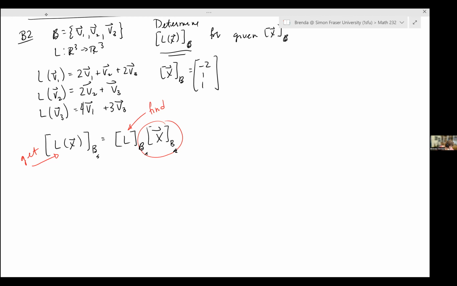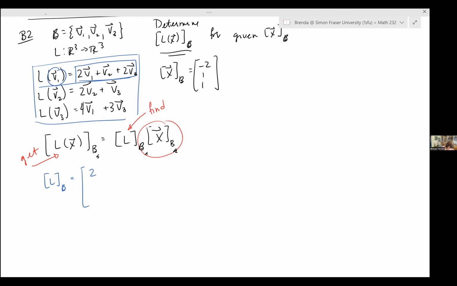What we're going to do is we are being told right here what happens to the basis vectors. This is not always the case. In our next example, that won't be the case. We'll see how that's different. So what we can then write is, okay, we can write the matrix of the linear transformation relative to B, because we're being told what happens to those basis vectors. And that is what happens to this first basis vector v1.